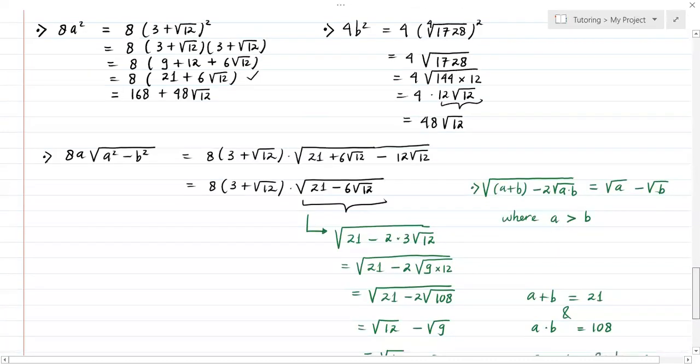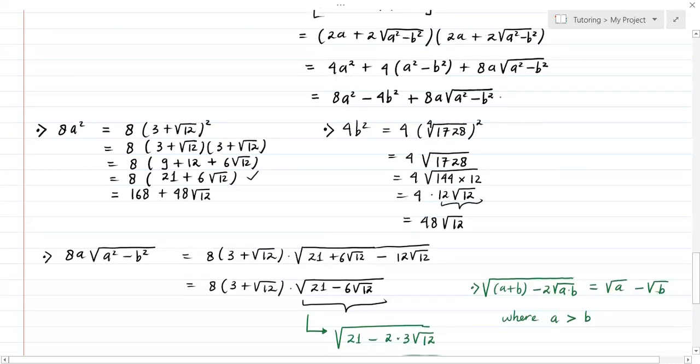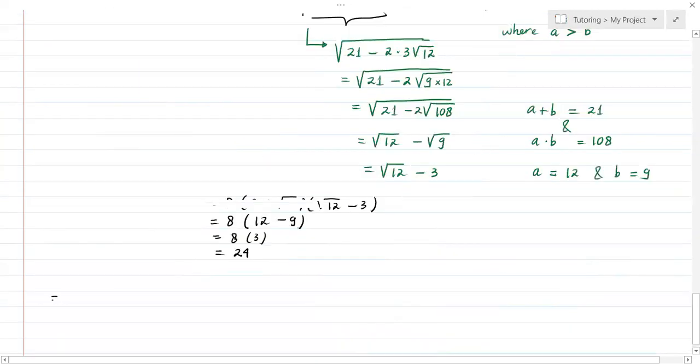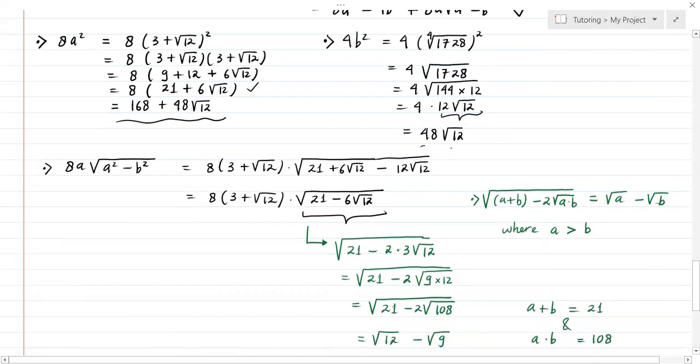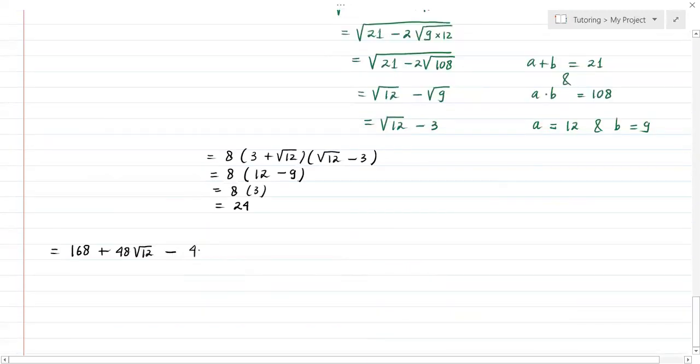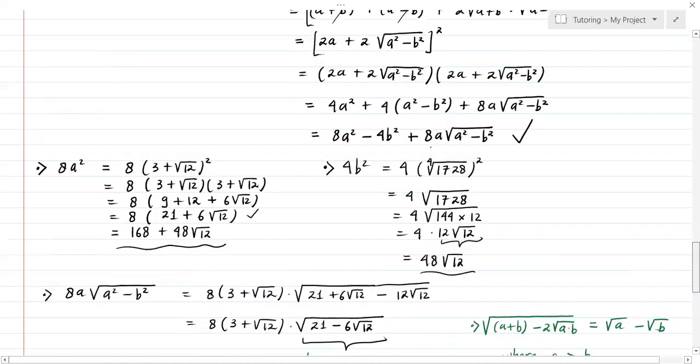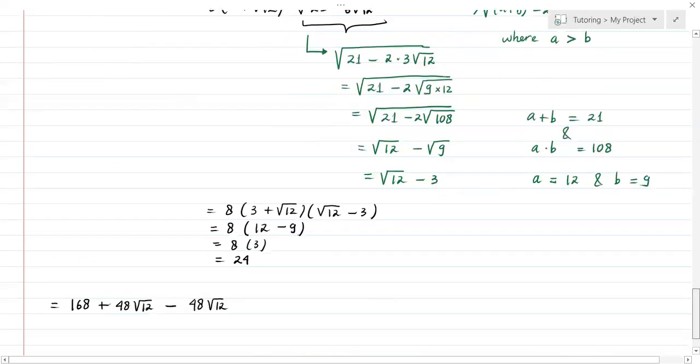So our final result, when we substitute all the values in this part, we have 8A squared, whose value is 168 plus 48 root of 12, and then minus the value of 4B squared, this part, and the last is plus 8A times root of A squared minus B squared, and the result is 24.